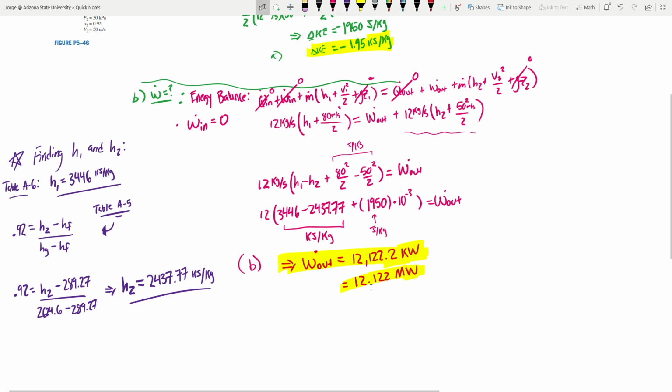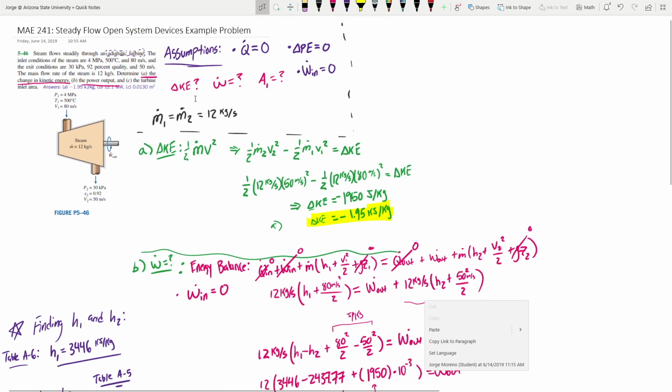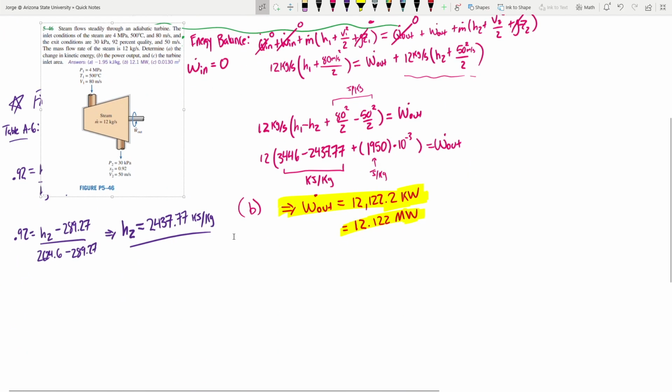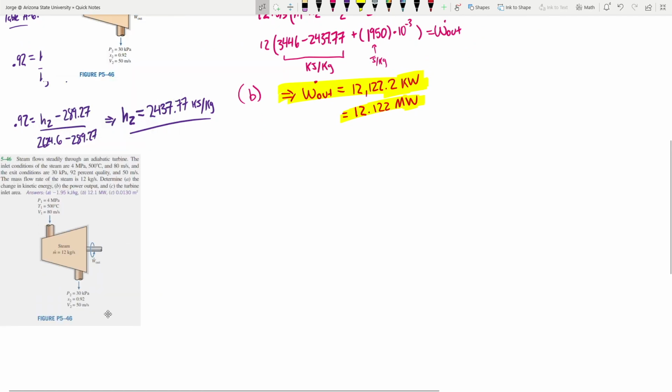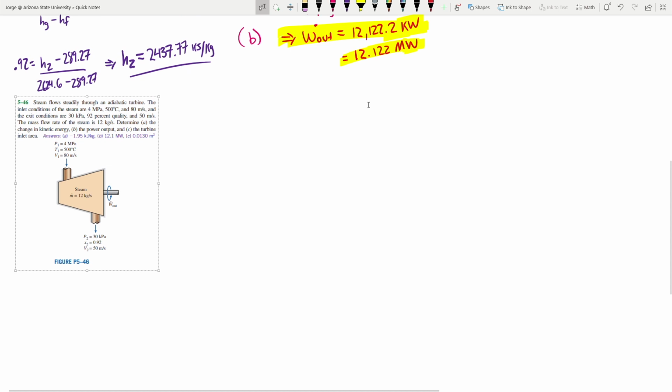Okay. And now moving on to part C. So I'll bring the question down in case we forgot. Okay. So for part C here, we need the turbine inlet area.